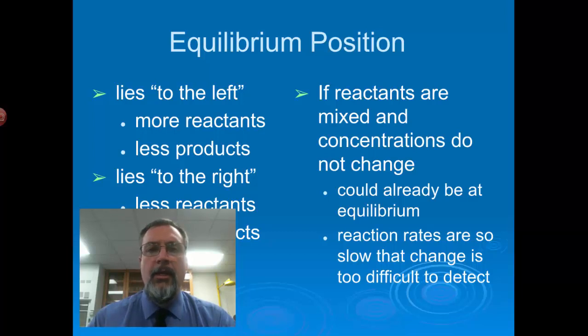And sometimes there are reactions whose rates are so slow that it takes a long time to get to equilibrium. So that's what we mean by equilibrium. We're going to use the terminology lies to the left or lies to the right fairly frequently. And you want to become familiar with what that means. Okay? In the next section, we'll take a look at mathematically what we can do with some of these things.